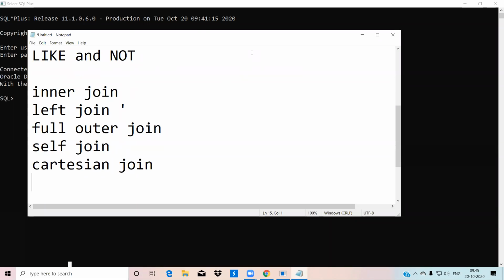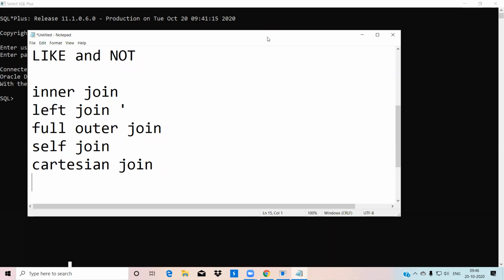When you find a matching in both tables, for example you set a primary key in one table and a foreign key in another. A foreign key is a reference to a primary key in a different table. If a is equal to b, then it is going to return your rows. That is the inner join.